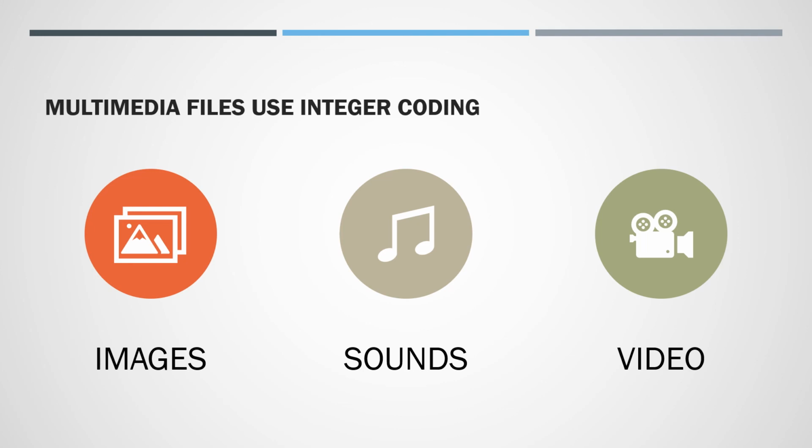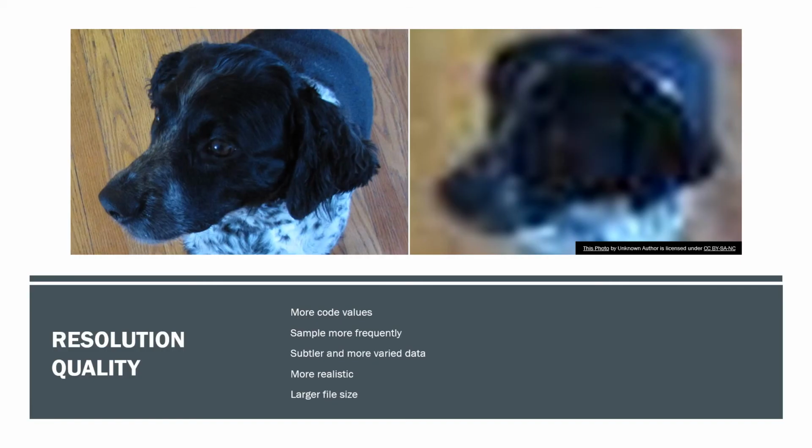Sounds are stored, we will do more about this in a later lesson, as numbers which represent the amplitude and frequency of the sound, amplitude and pitch of the sound, and videos are stored by recording thousands of images plus a soundtrack and combining that to make a video. A big issue with multimedia files is that high quality files take up more space, and if we want our files to be very compact and small, they often lose image quality or sound quality. Again, we'll come back to this another time.